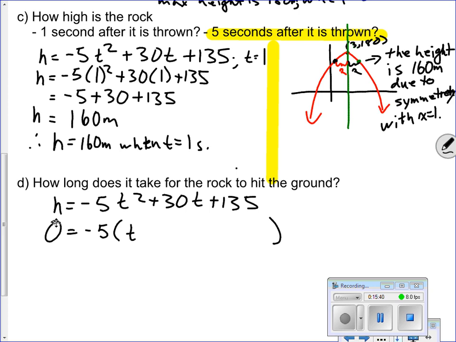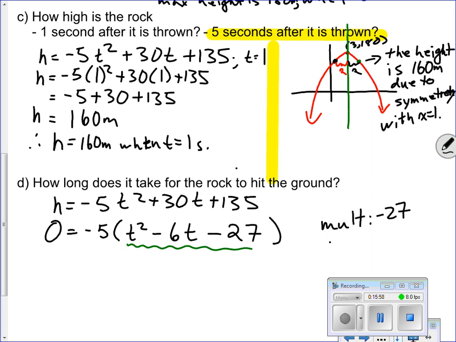So you get t squared minus 6t minus 27. Now, the stuff that's in the brackets here is a simple trinomial. We're looking for a number that multiplies to negative 27 and adds to negative 6. And those two numbers are negative 9 and 3.